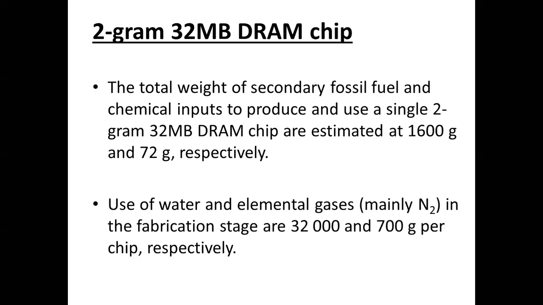So this 2 gram chip, making this chip, they use fossil fuel equivalent to 1,600 grams. And chemical inputs, because they are using hundreds of chemicals when they do wafer fabrication, what we call in the microchips.